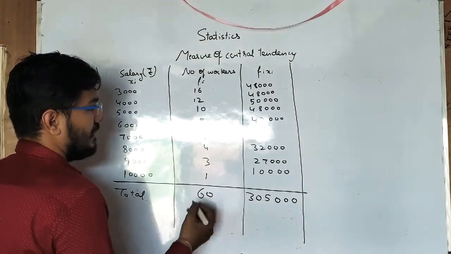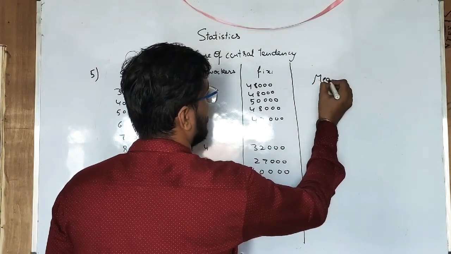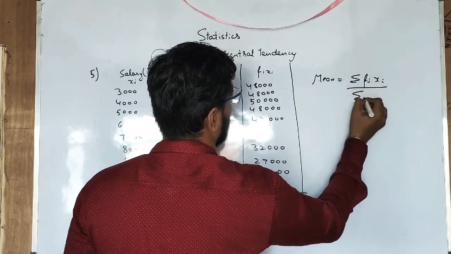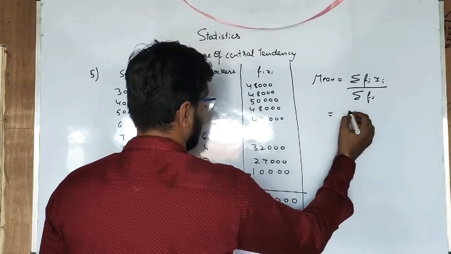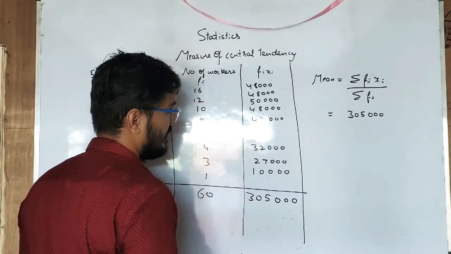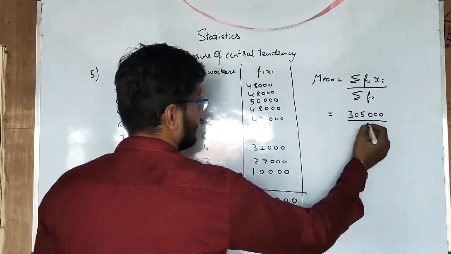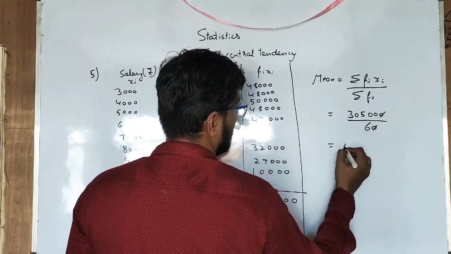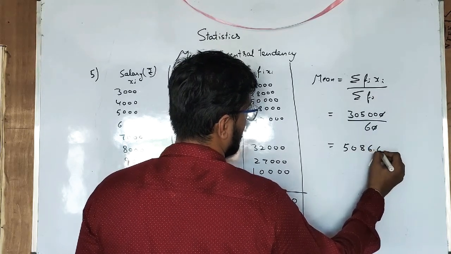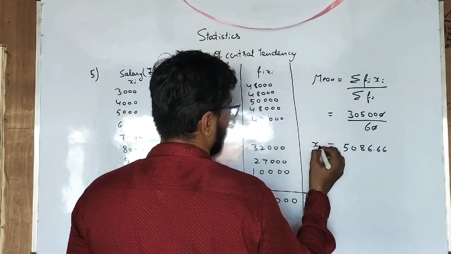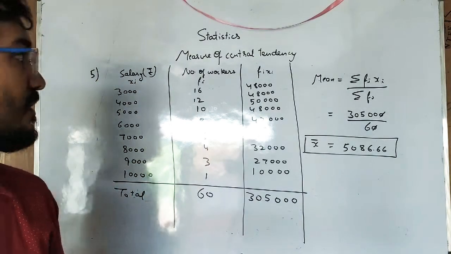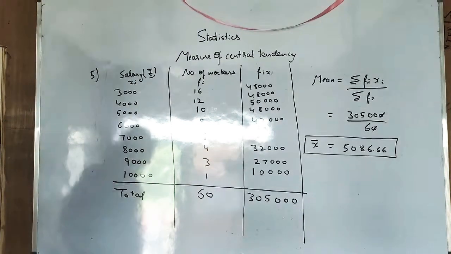So now mean is equal to sigma fi xi upon sigma fi, right? So mean is 3,05,000 divided by 60, which is 26.66. So mean x bar is this for the given data. So this is question number 5th. Very easy, right?